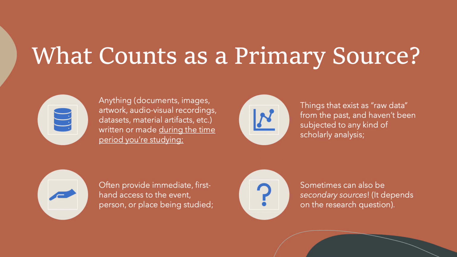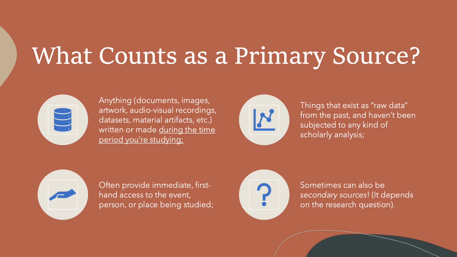Anything can be a primary source, whether it is a written text, a photograph, a piece of music, an image, artwork, architectural remains, even skeletal remains. All of these things can be primary sources, so long as they come from the time period that you are studying.